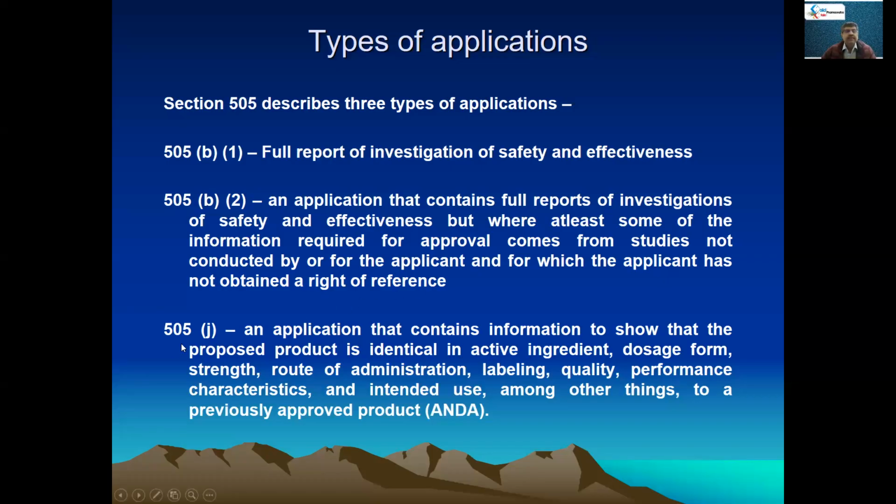The third type of application is 505(j), which is the abbreviated new drug application. And this is an application that contains information to show that the proposed product is identical in active ingredient, dosage form, strength, route of administration, labeling, quality, performance characteristics, and intended use, among other things, to a previously approved product.